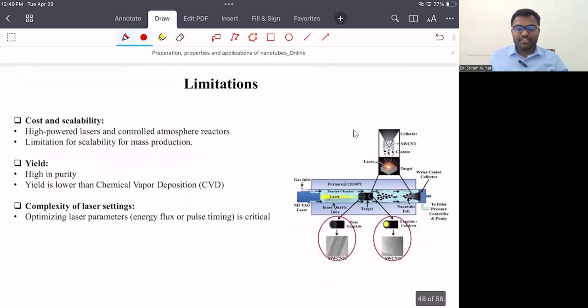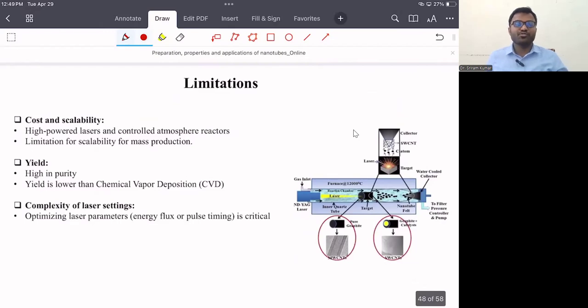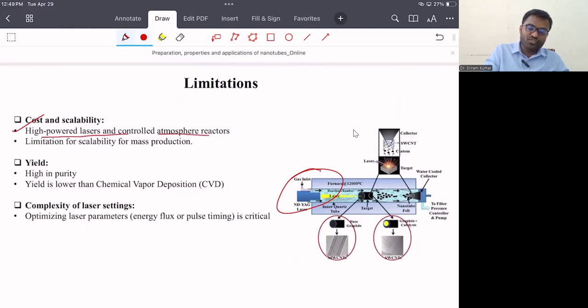However, there are some limitations in terms of cost and scalability. Since we are using the laser, laser always comes with a very high cost and maintenance. So the high power laser and controlled atmosphere reactor come with the high cost. The second is the scalability for the mass production, and yield.